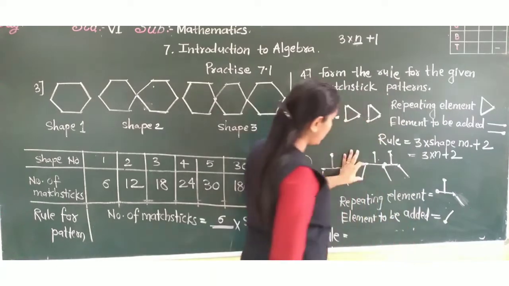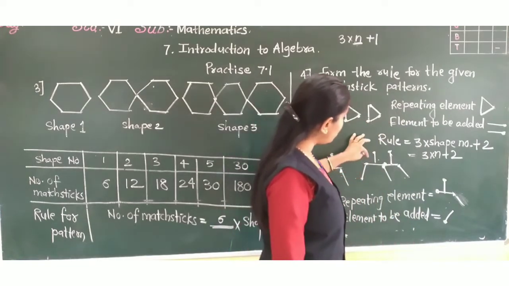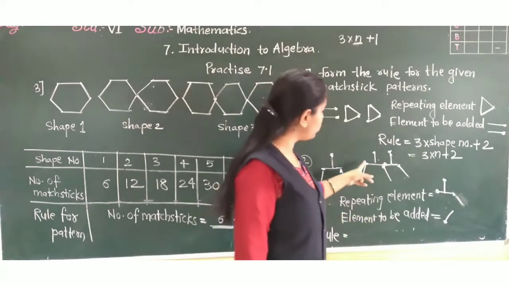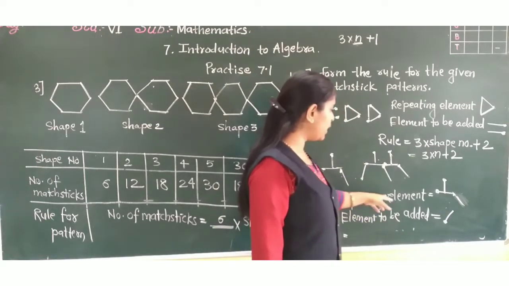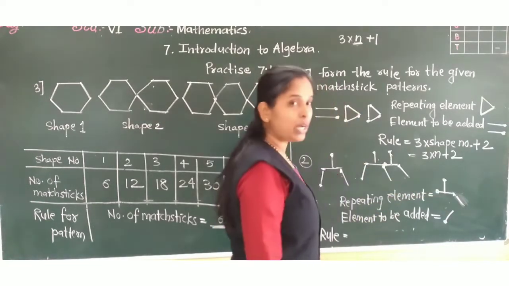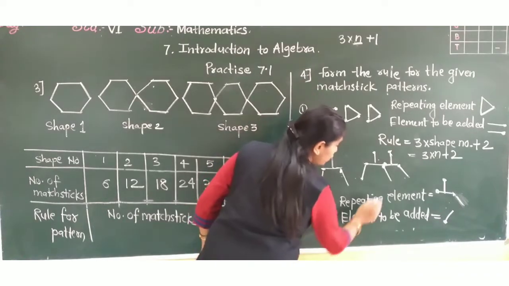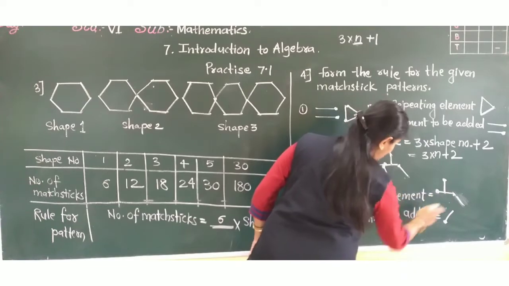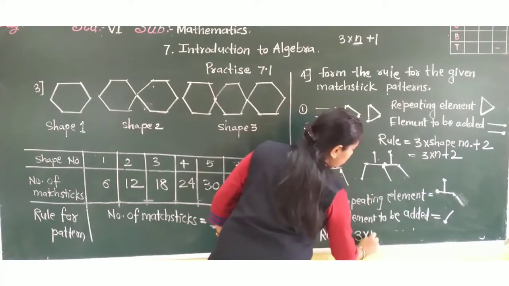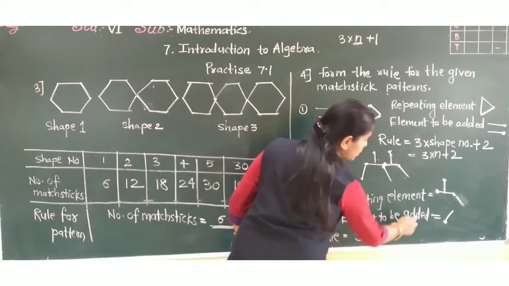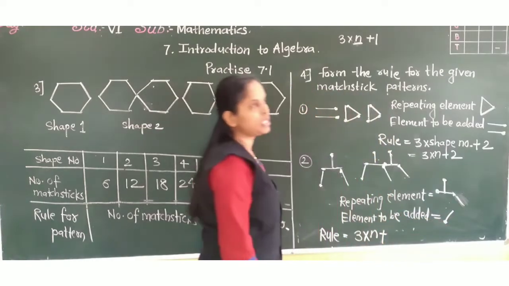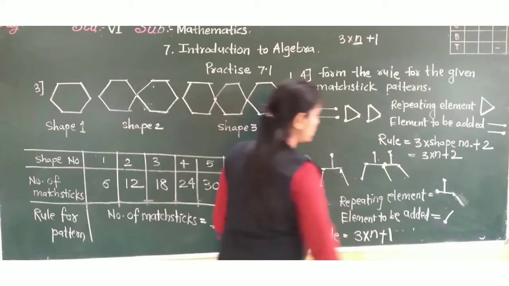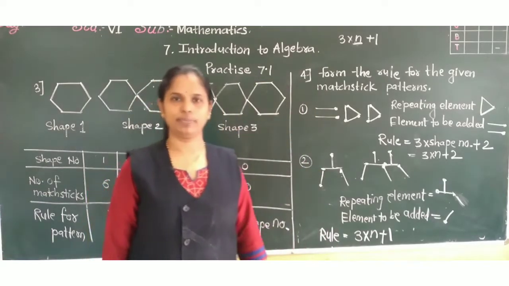This is the element to be added, and in each shape this remains the same. So the repeating element has how many matchsticks? 1, 2, 3, into number of shapes, plus how many remain, that is, how many matchsticks we have to go on adding? 1. So the rule is 3 into n plus 1.